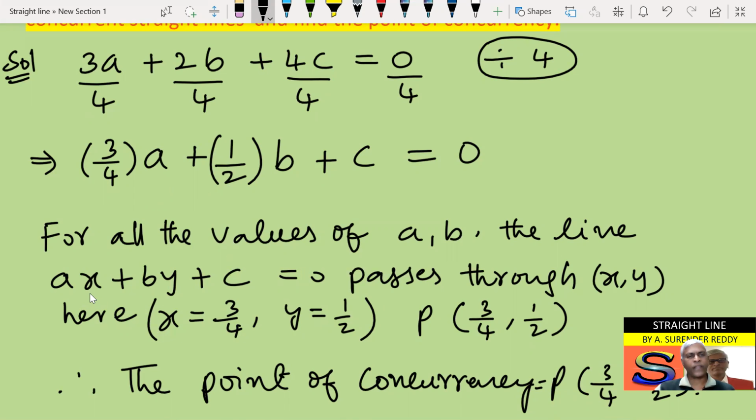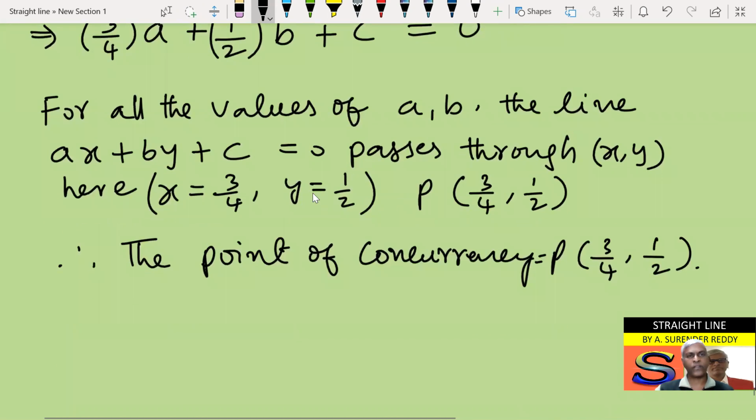So the line ax plus by plus c passes through the x comma y point. So 3 by 4 a into 3 by 4 plus b into 1 by 2 plus c is the line passing through 3 by 4 comma 1 by 2. For all the values of a, b, you will get different equations.